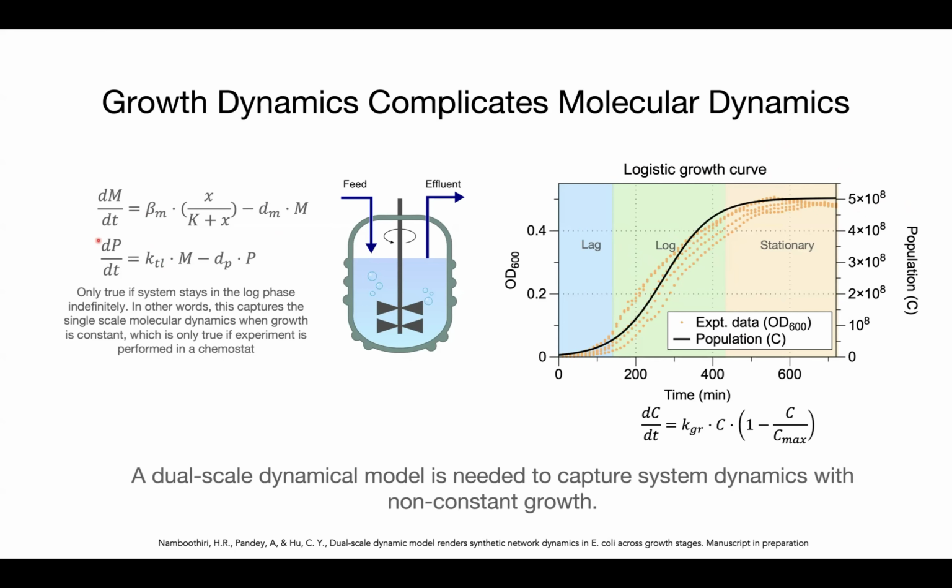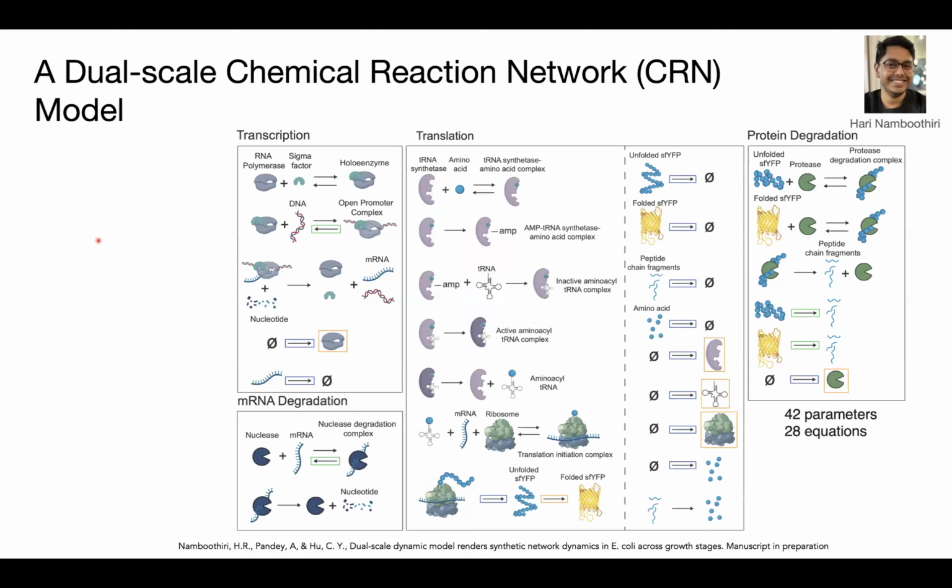So if we want to predict any dynamics or use a model to inform us how to implement feedback control, then a dual scale dynamical model is needed to capture system dynamics with any non-constant growth. My student, Harry, built a CRN model, which stands for chemical reaction network.